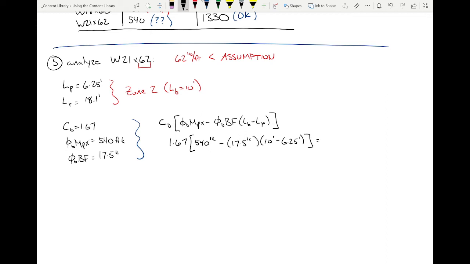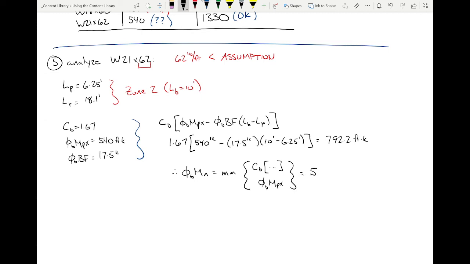What does that come out to be? 792.2. And remember, phi Mn is the minimum of CB times all that hullabaloo that we just computed, or phi MP. What's the minimum of this and phi MP? It's just phi MP.